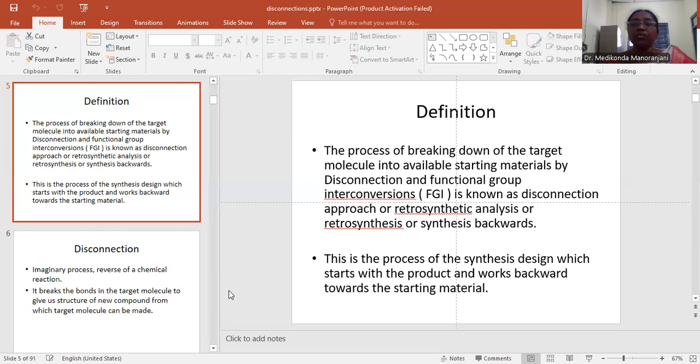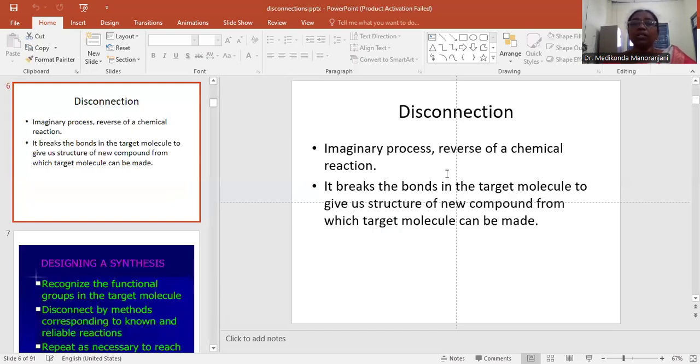This is the process of synthesis design which starts with the product and works backward towards the starting material. Now, what is disconnection? It is an imaginary process, a reverse of a chemical reaction. It breaks the bonds in the target molecule to give the structure of a new compound from which the target molecule can be made.